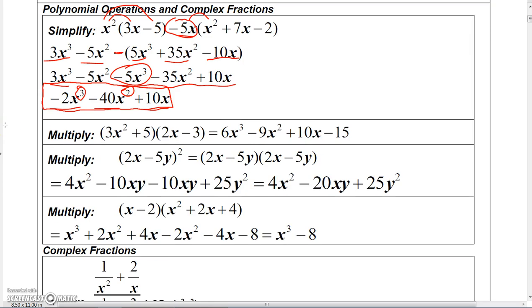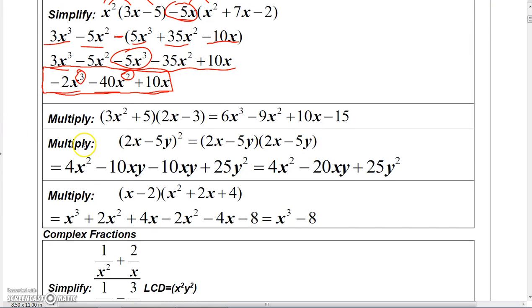Now, another thing we can do with polynomials is we can multiply them. If you listened to another video I did recently, you heard me talk about the FOIL method. Well, here, if you multiply two binomials, you can FOIL. So here you can do the first times the first, so you'll take 3x squared times 2x, and that gives you 6x cubed.